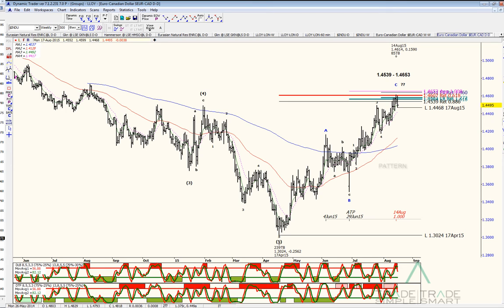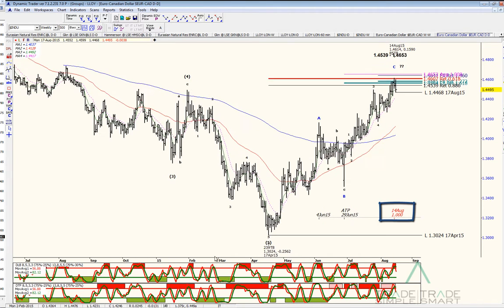In terms of our pattern, we have our AB equals CD pattern, with the last wave breaking down into 5 distinct waves. In terms of price, we've identified a Fibonacci price zone of 145.39 to 156.53. And in terms of time, our high probability time window is the 14th of August.